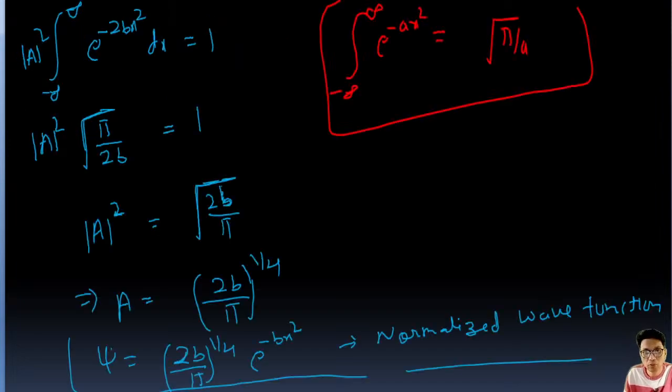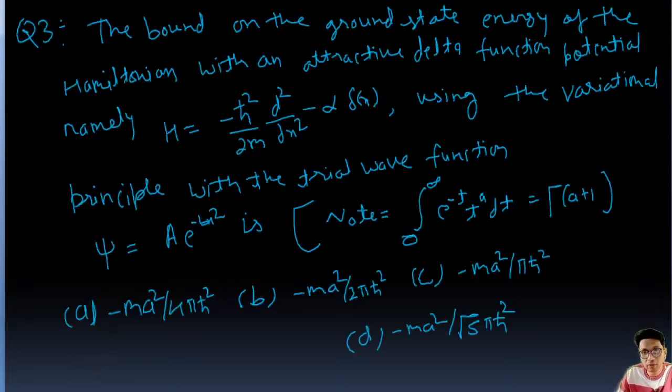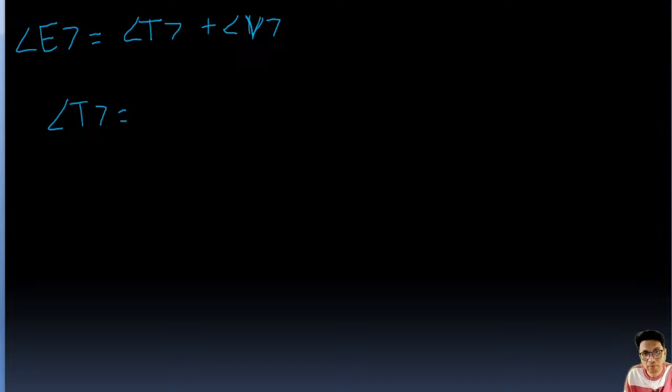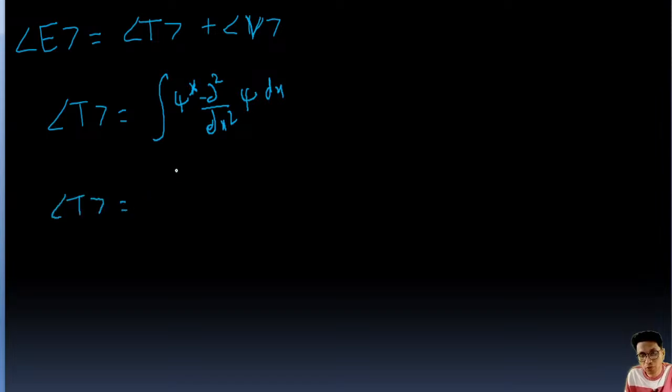We know the total Hamiltonian is given, right? This one: minus h bar square upon 2m del square by del x square, minus the delta function. So this is going to be the integration of psi star, minus del square upon del x square, psi dx, from minus infinity to plus infinity.